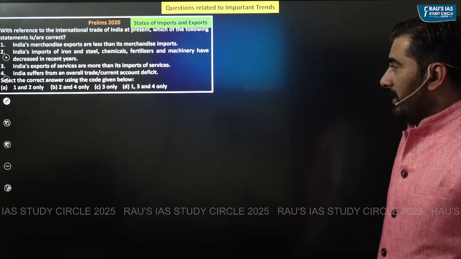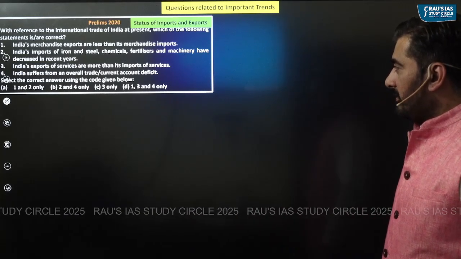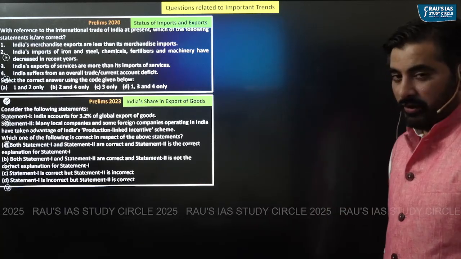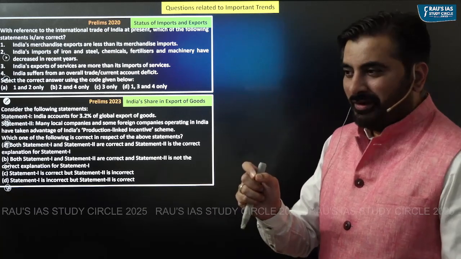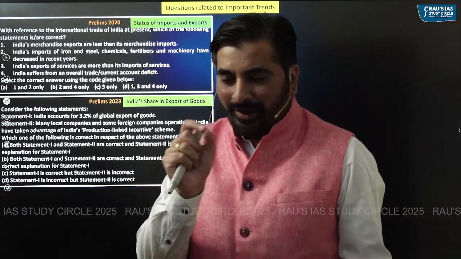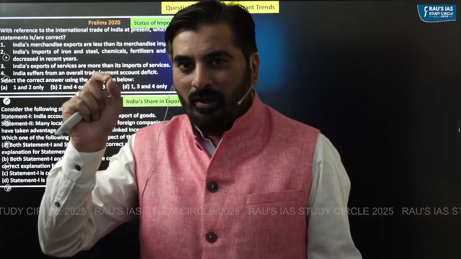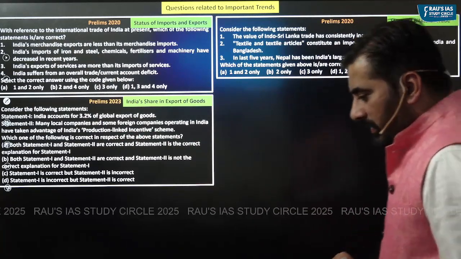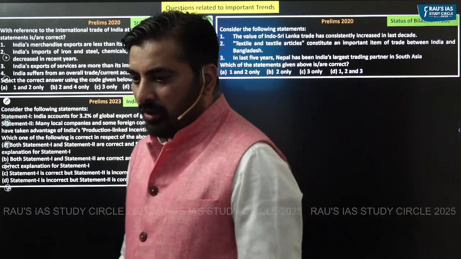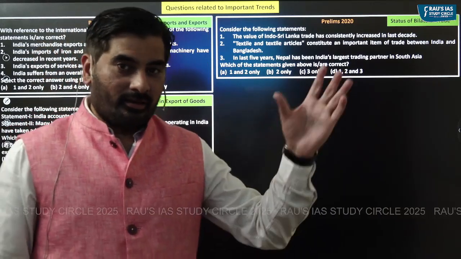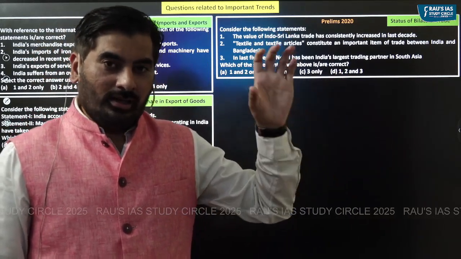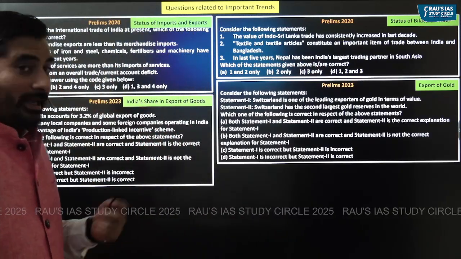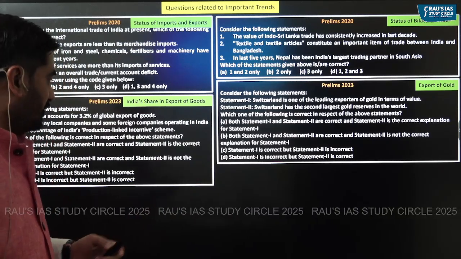You can see here a broad-based question on the status of imports and exports of India. Prelims 2023, a factual question wherein you are required to identify what is India's share in global merchandise exports. Here, Prelims 2020, a question on India's bilateral trade with countries such as Sri Lanka, Nepal, and Bangladesh. Export of gold, about which I have already mentioned.